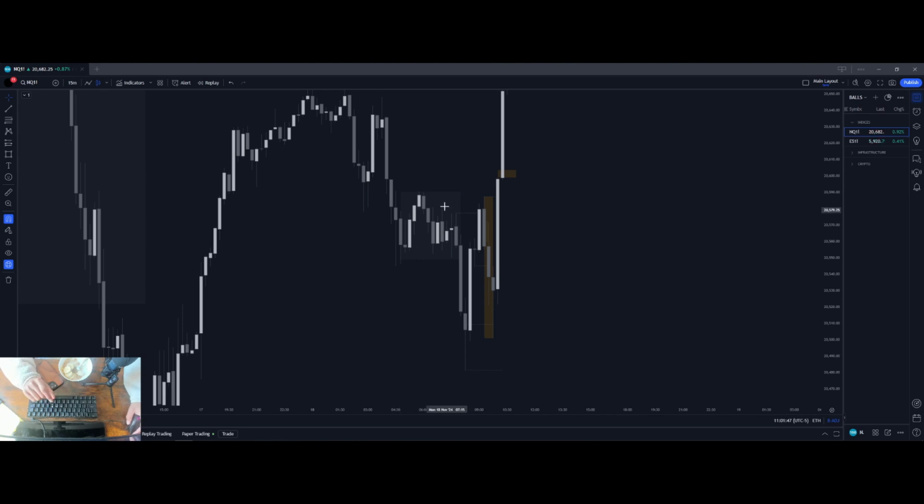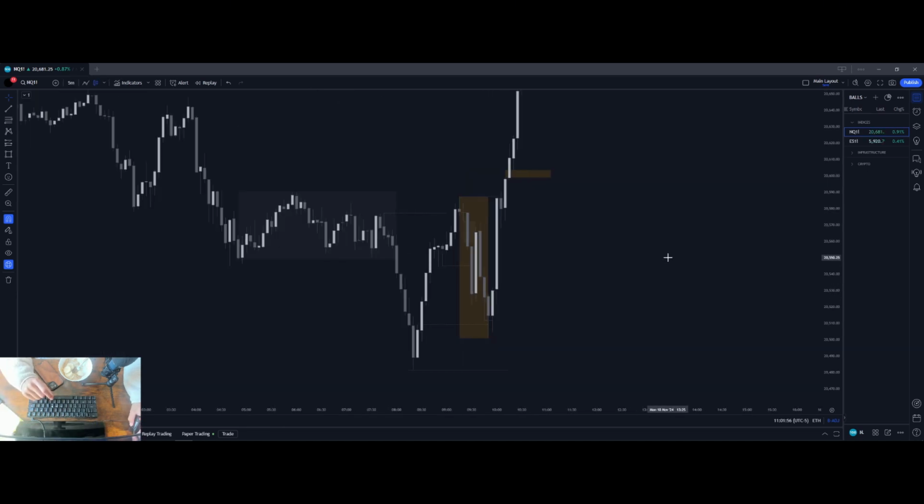Now, upon sweeping this, making that push back to the upside, we actually made a push to the downside market open. Going on to the 5-minute time frame, we showcased a perfect sharp turn model. Now, this is actually something I wanted to execute upon, but waited due to wanting to see an extra PD array get formed.